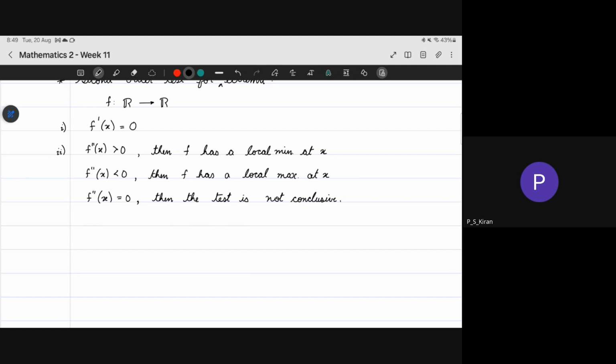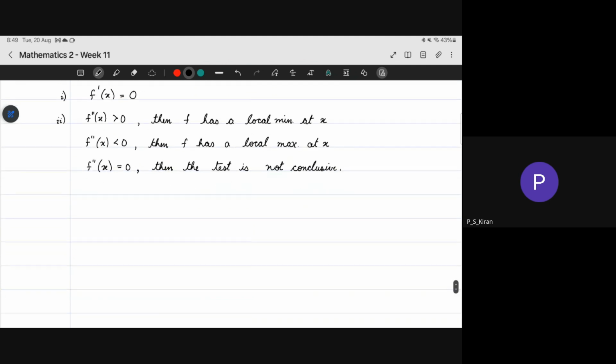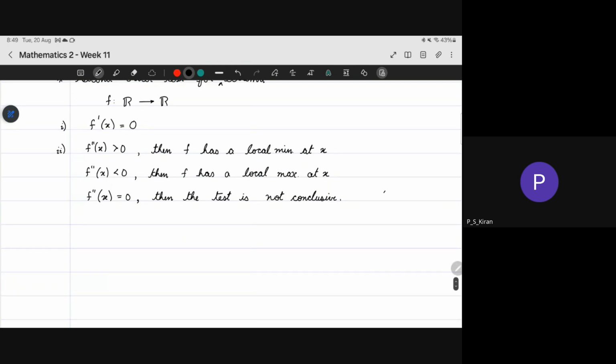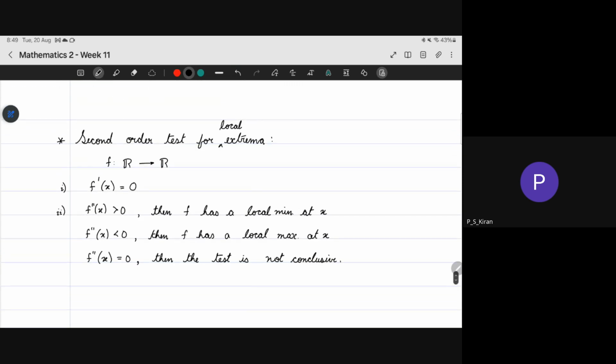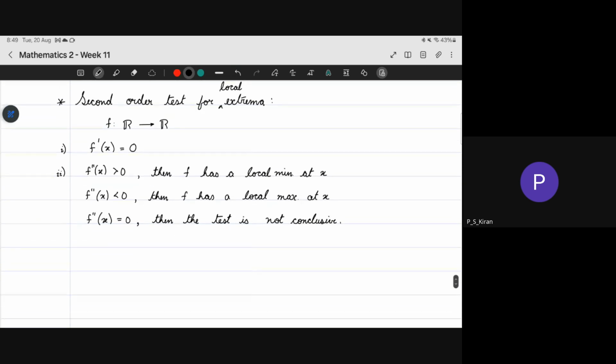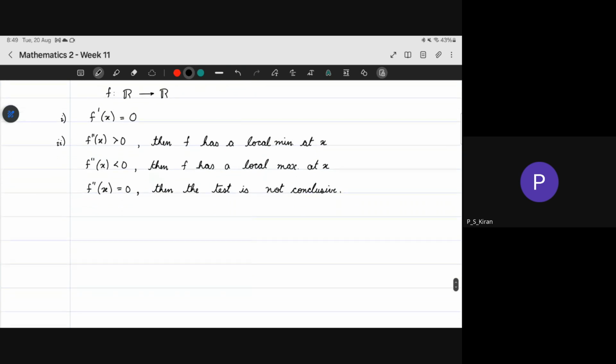Right, there is not necessarily a saddle point. There is no saddle in one dimension. Even if you have a function like f of x equals x cubed, that doesn't have a minimum or maximum at x equals 0. I would not like to call it a saddle point. Let's just say that the test is not conclusive.